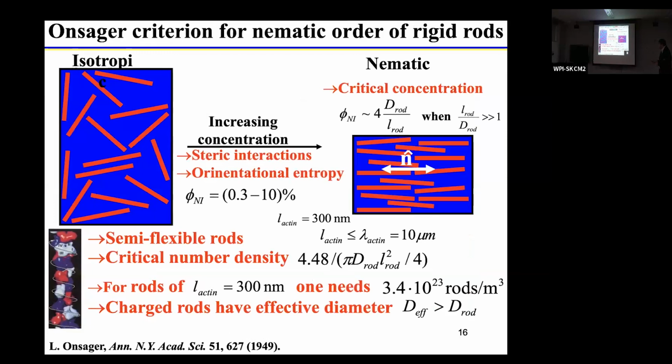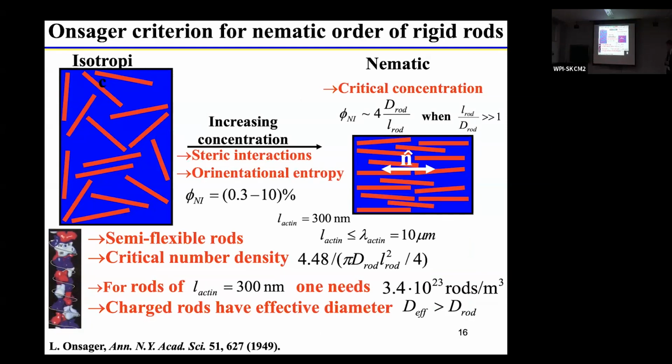So the theory describing the transition from an isotropic to a liquid crystalline state at some critical concentration was developed by Onsager some 70 or 75 years ago.